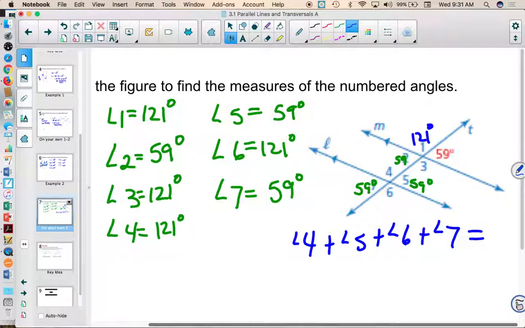Do these angles add up to 360? Okay? So that would be one way to check it. Because I know if I start here and I go all the way around, I've got 360 degrees. And if my measurements don't add up, then I've got a mistake. That would be a real simple way to check it.